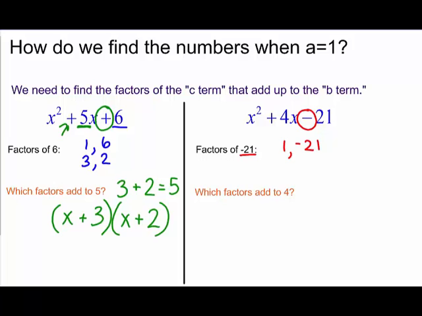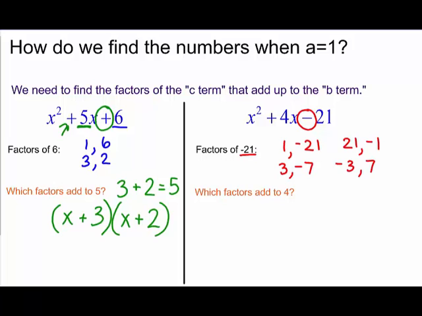I could have positive 21 and negative 1. The reason I'm listing this twice is because of the negative. Notice in the first problem I only listed the factors once because they were both the same sign. I could also have 3 and negative 7. Or I could have negative 3 and positive 7.